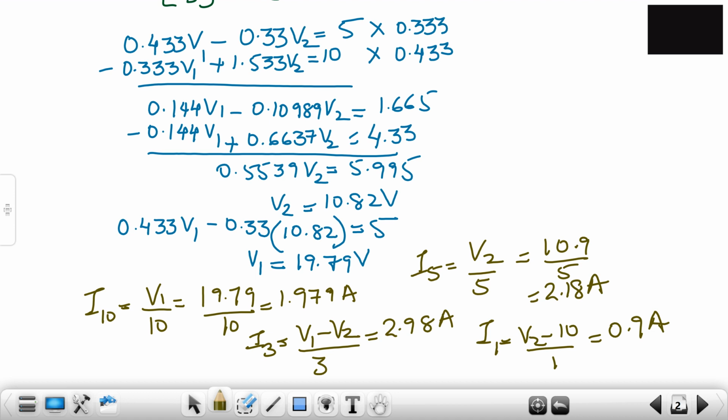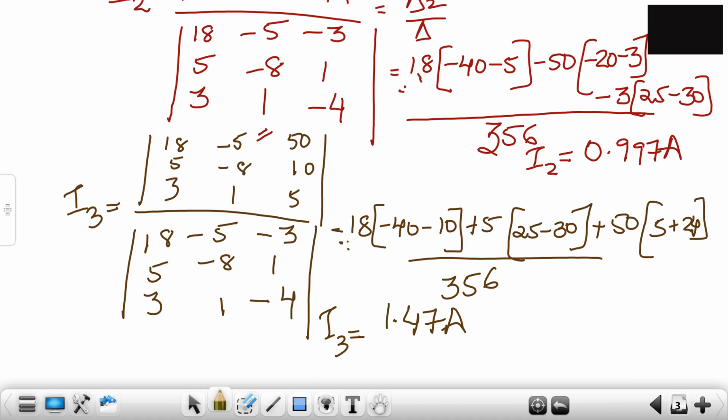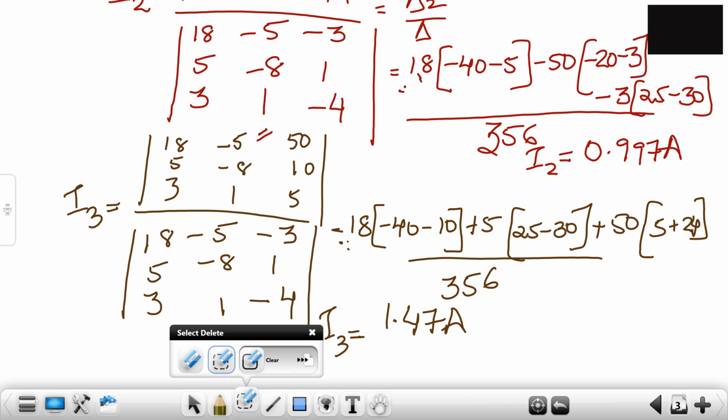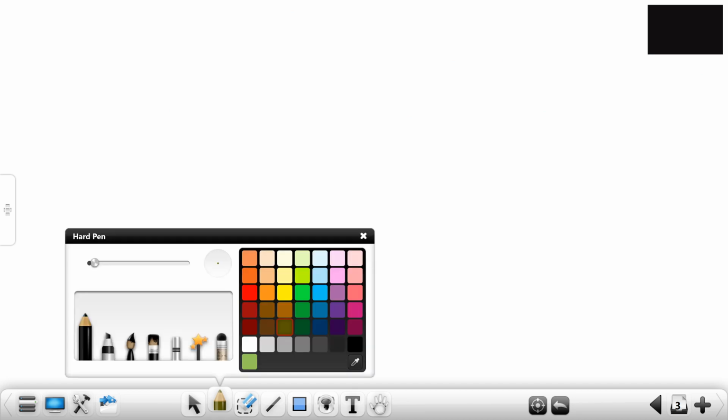Let's do another problem on nodal analysis. Okay, take down the next question.